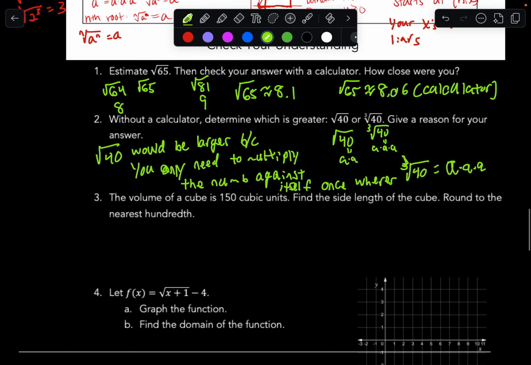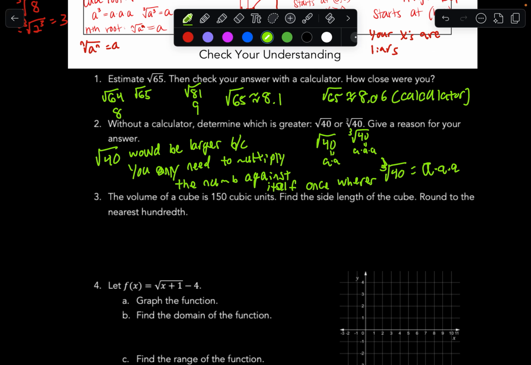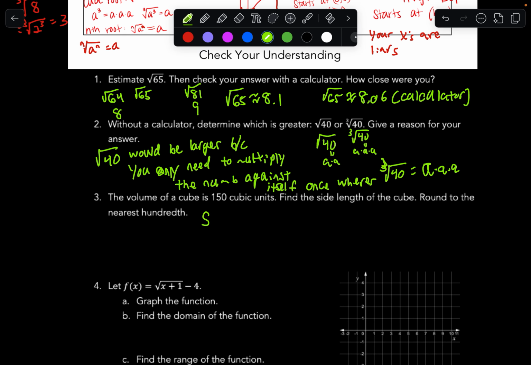Okay, the volume of a cube is 150 cubic units. Find the side length of the cube. So what that means is the volume of a cube would be side times side times side, right? Width times length times height, or side cubed. Hence the name: anything to the third power is cubed, because it's the volume of a cube of side length s.